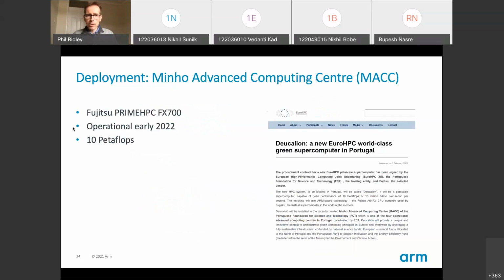More recently, you may have seen on the HPC news that there's going to be a deployment in Portugal, in Porto, and that's going to be based on the Fujitsu A64FX design, FX700. It's not in service yet, but we hope that it will be in around a year.